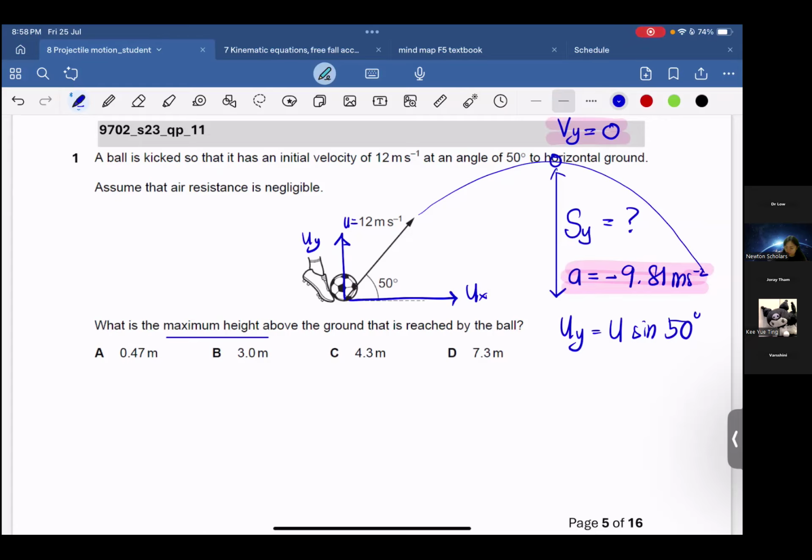Okay, so here you have S, Y, U, V, A, S. We can use the formula V squared equals U squared plus 2AS. Remember, we are talking about the Y axis. So at maximum height, Vy will be 0.